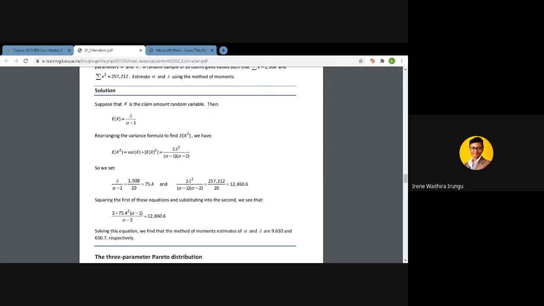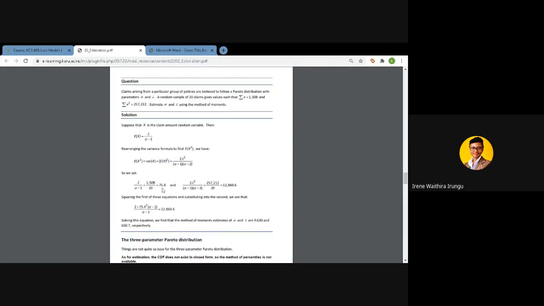Let me see what has been done. In this case, you can express your lambda in terms of alpha, which means that your lambda will be equivalent to 75.4 times alpha minus 1.